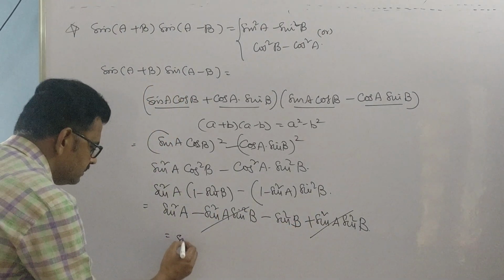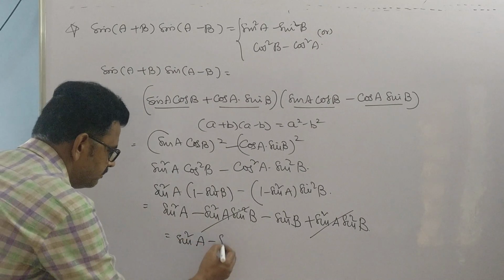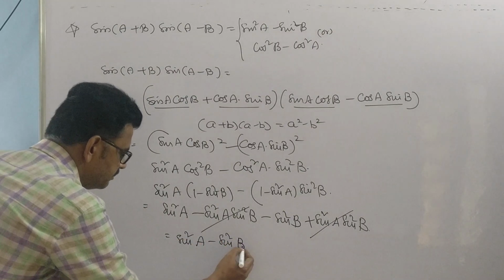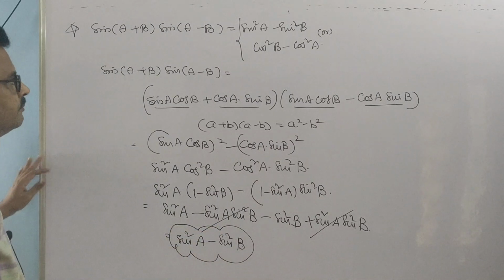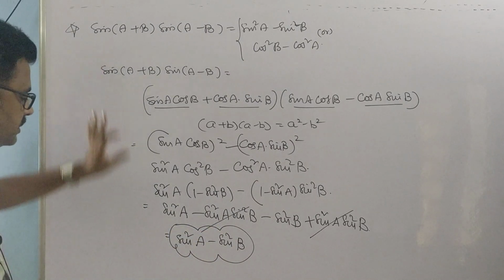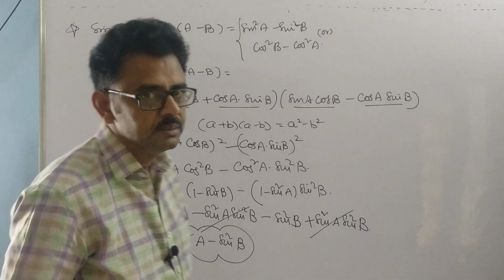That is equal to sine square A minus sine square B. So this is one result. Okay, this is sine of A plus B into sine of A minus B.